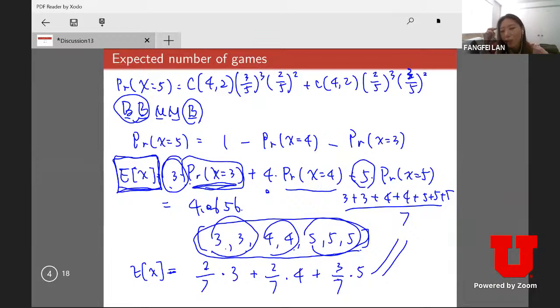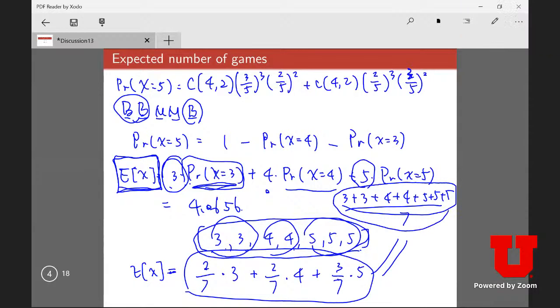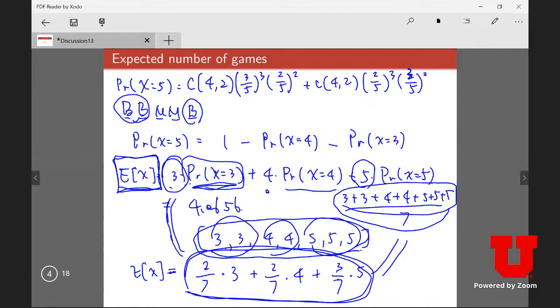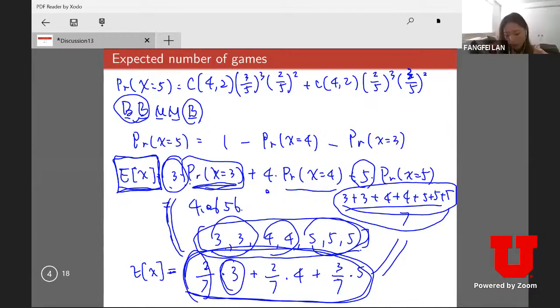This is like a weighted average, basically. Does this make sense, that this is the same as this right here? Yeah, that makes sense. And do you see how this is the same as this formula right here? Yeah, I can see that. You're using length times the probability, or weight times the probability.